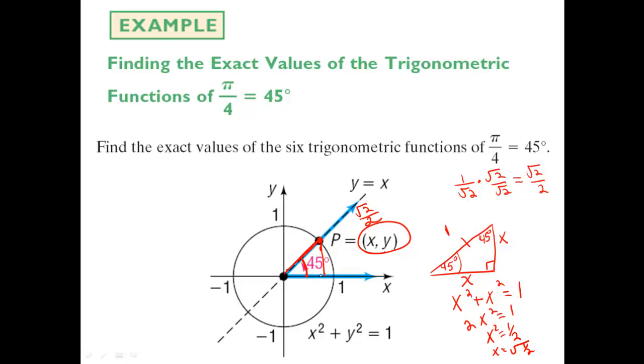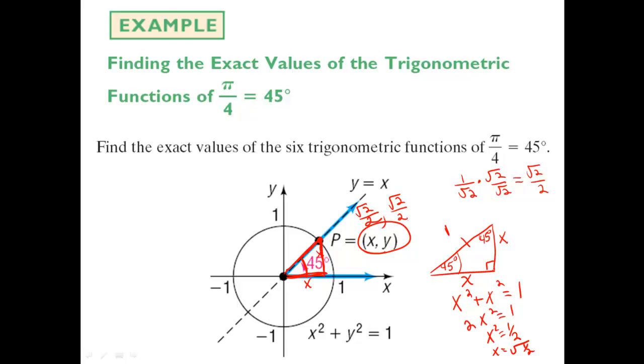Now, since I know that this side right here of this triangle, that was what I was calling x, is equal to this side right here, which I also called x, but you can see that's the height of that point, so that would be y. That's an isosceles triangle, so both your x and your y coordinates are the same.